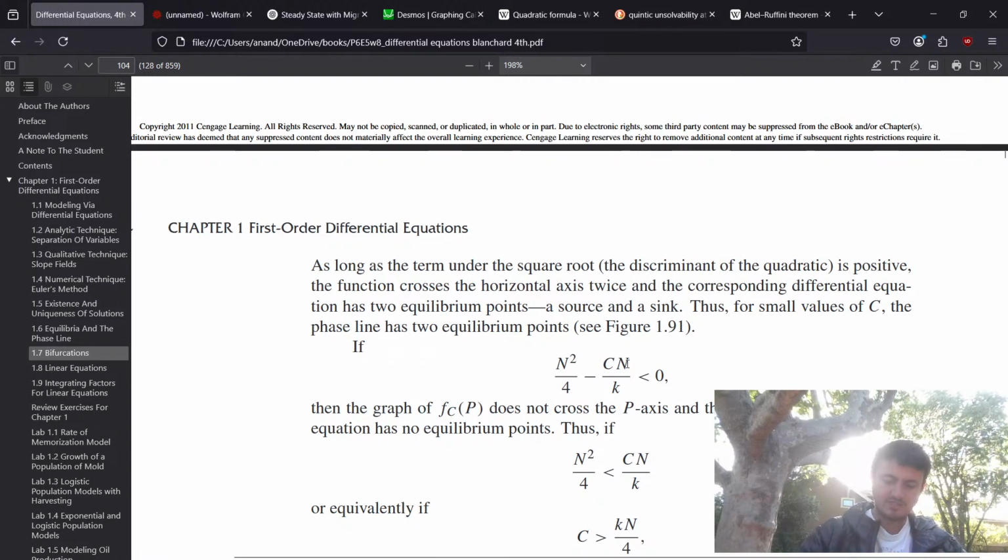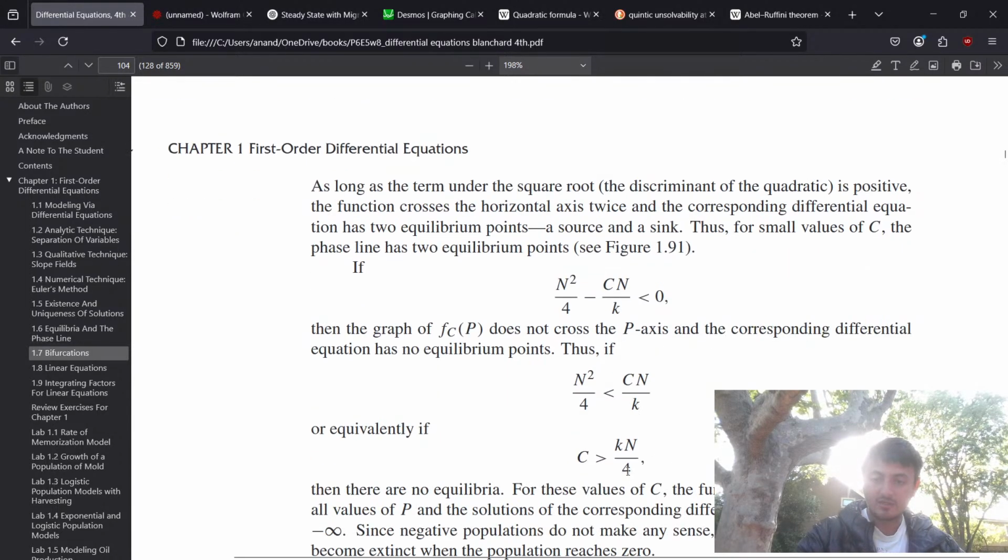So basically the thing under the square root is N squared over 4 minus Cn over K. So when C is equal to NK over 4, then there's exactly one solution.